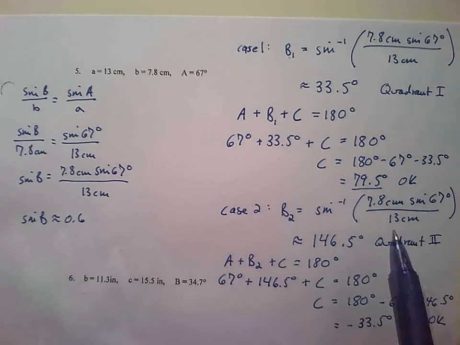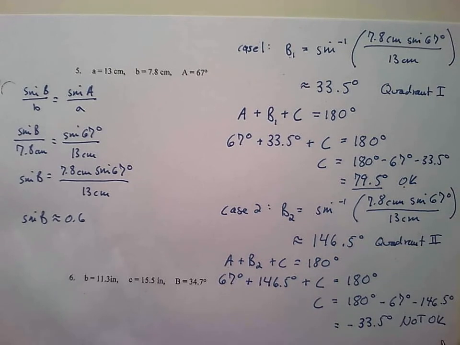So therefore, the first one that we found out is okay. The second one that we found out is not okay. So therefore, that means that there is only one triangle that we can form.